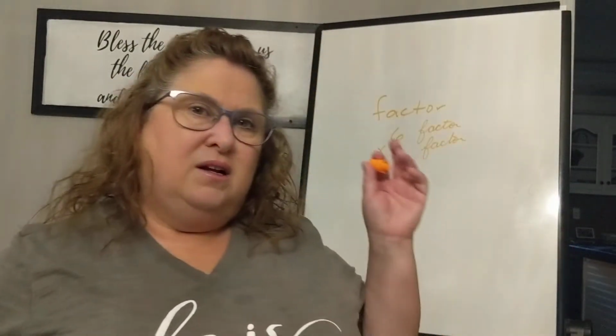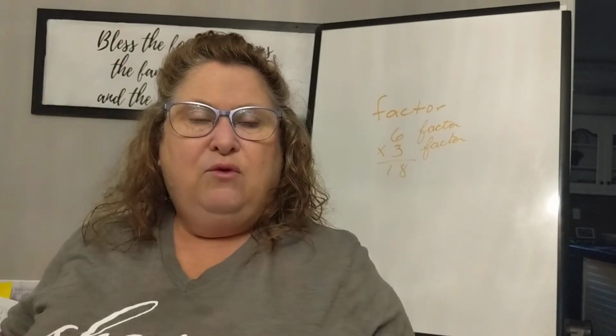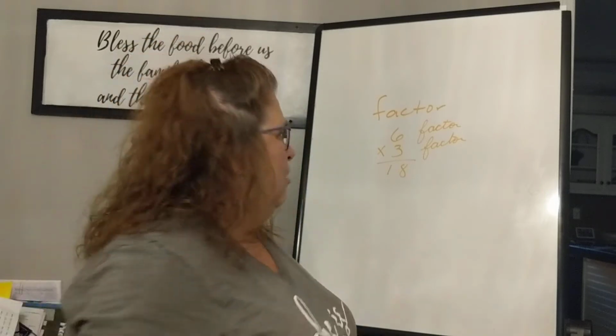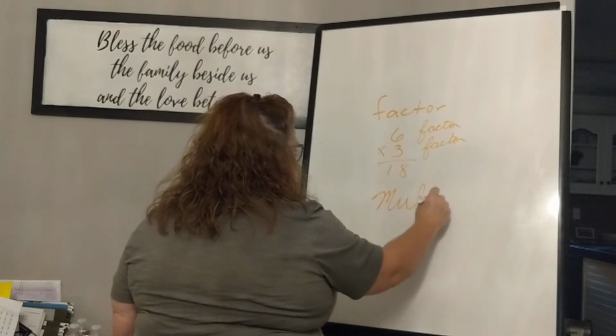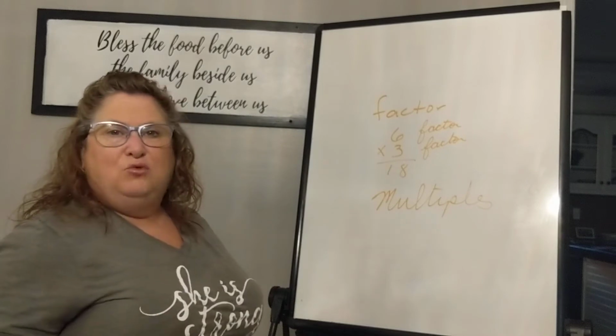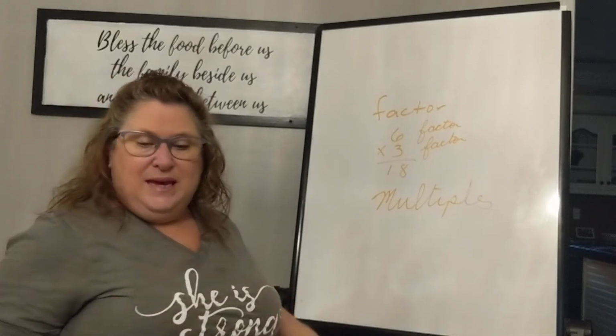When we do our skip counting and we say 2, 4, 6, 8, 10, 12, 14, 16, 18, 20, 24, the numbers that we are saying are the multiples. When we count by 5s, 5, 10, 15, 20, 25, 30, 35, these are multiples, the numbers that we count by.